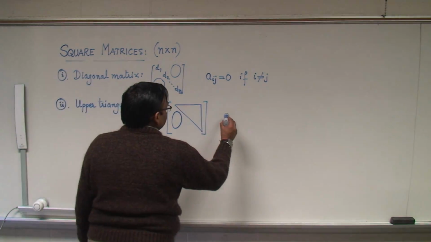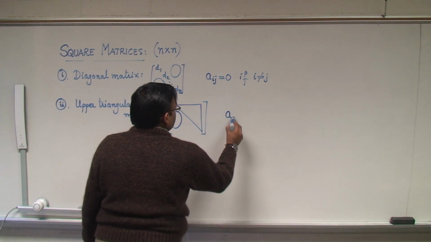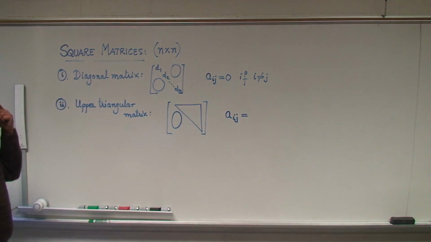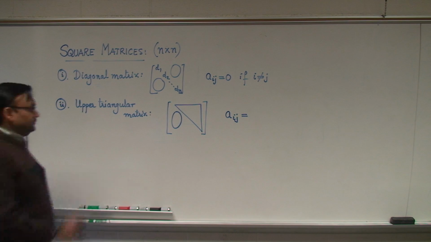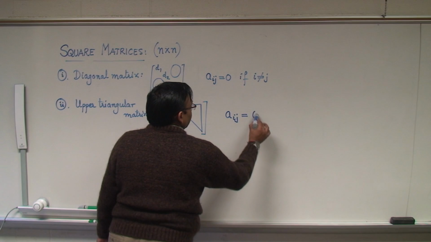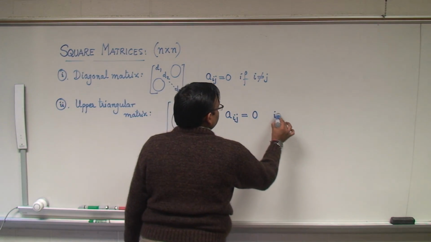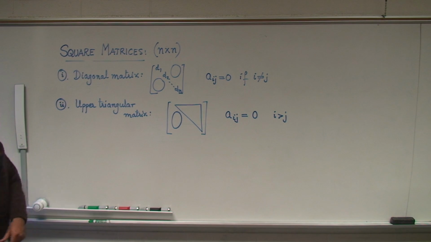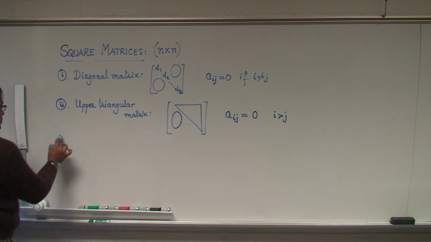So we can say all the entries in the lower half of the matrix are zero. When you want to describe the lower half, you say Aij is zero whenever i is bigger than j. If that is true, then we have an upper triangular matrix.